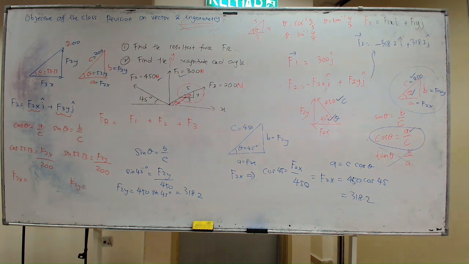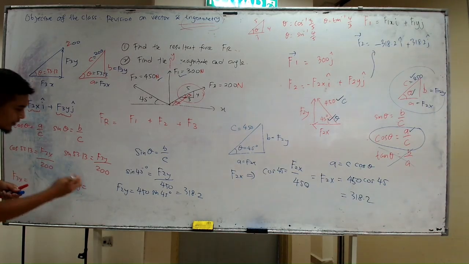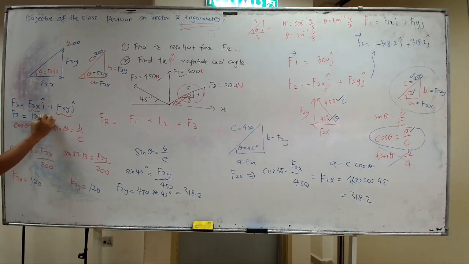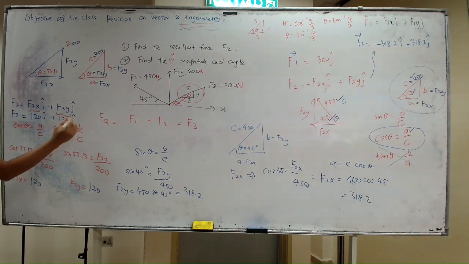120. This one is 120. 120, same thing. You get the same answer, yeah? 120, 120, yeah? Okay, so finally, F3 is actually 120 at the I direction plus 120 at the J direction.